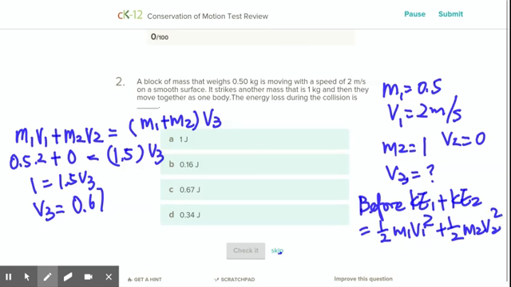Okay, so if you plug in the number and put in the calculator, so m1 0.5 times 4 divided by 2 is 1 plus, seems it's v is 0, so it's 0.